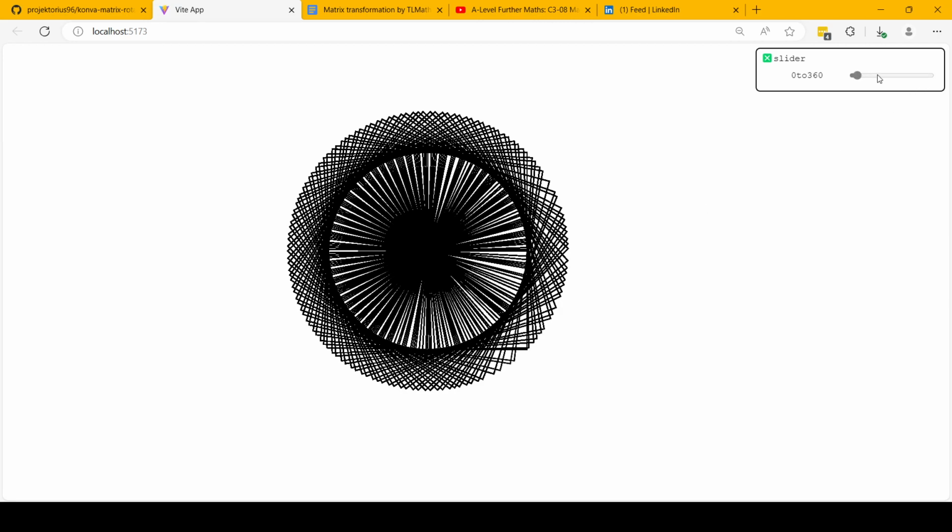Although technically we have this circle, right, in a bit of a strange shape, well, sort of pattern.